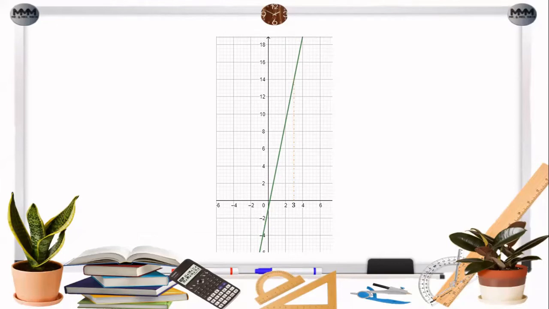Notice that at x equals 3, our g of x is equal to 14. In our graph, our line is continuous. There is no hole at point x equals 3. Hence, the function g is continuous at x equals 3.